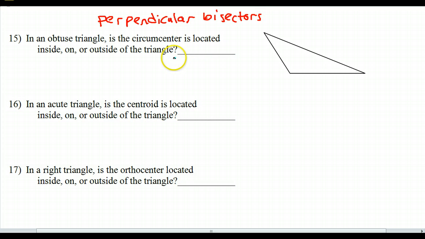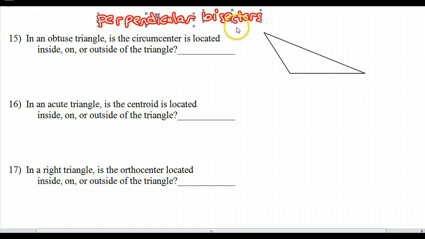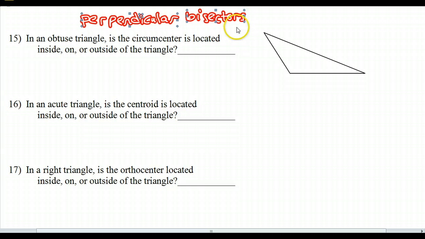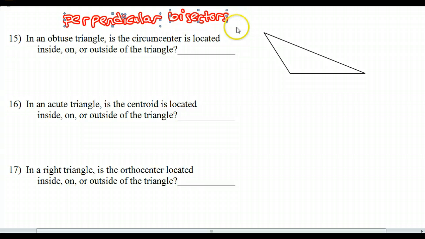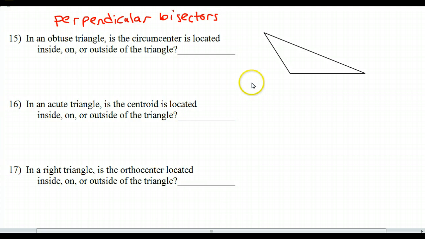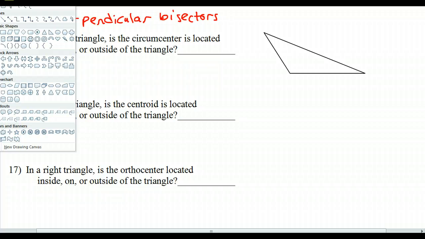Okay, hopefully you were thinking, well, that's the perpendicular bisectors. So that's what we're going to draw. So obviously, if you don't know that a circumcenter is formed by perpendicular bisectors, you wouldn't be able to do this. So make sure you memorize your vocabulary. Oh, and of course, you have to know what a perpendicular bisector really is.